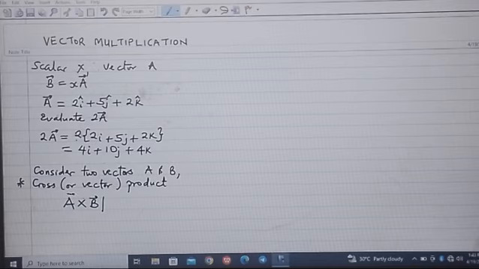is equal to the magnitude of the vector a multiplied by the magnitude of the vector b, sine theta. These are both magnitudes of the vectors a and b.